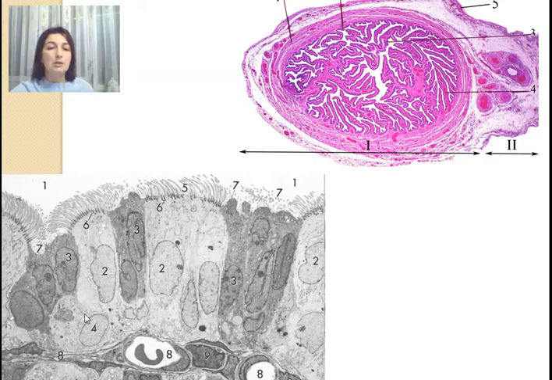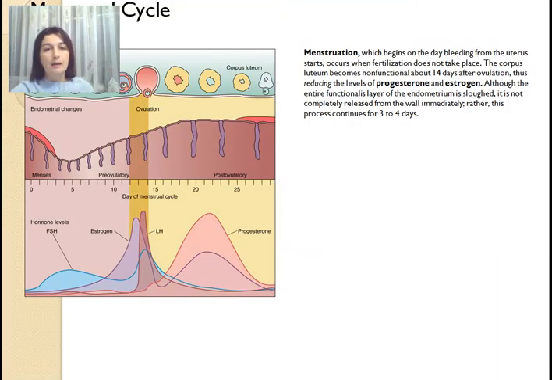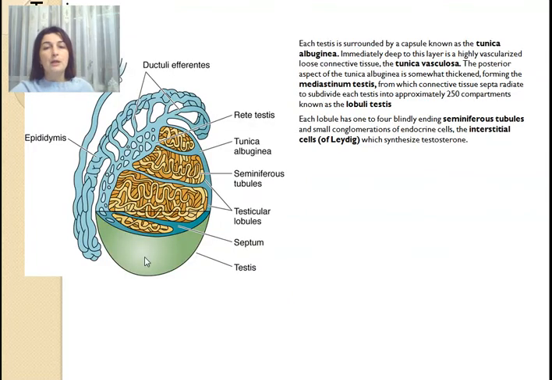Two kinds of cells are present: ciliated cells and peg cells, or secretory cells, that produce mucus, which is secreted into the lumen of the tube in the case of the fallopian tube, and into the lumen of the uterus in the case of the uterus. Under the epithelium, we have the lamina propria with blood vessels and all the necessary components. The cyclic change, again, we see here, as I just mentioned.